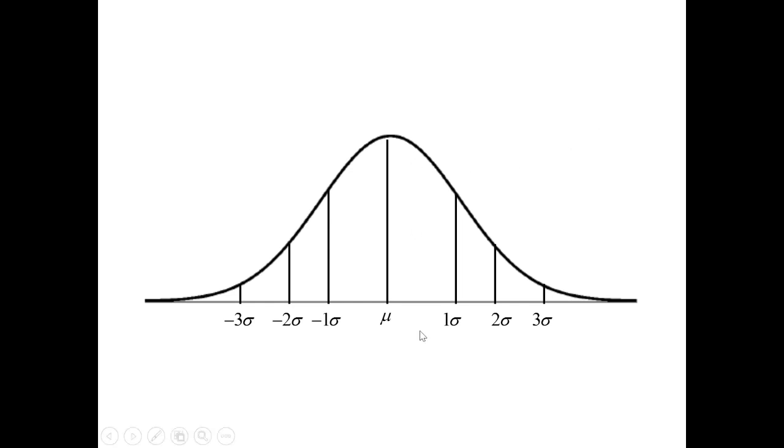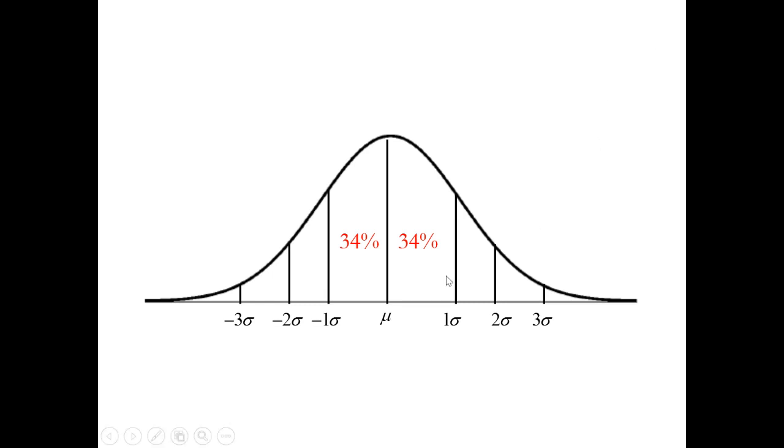In this case, I've drawn my curve. I've labeled the bottom with the mean, the mean minus 1 standard deviation, the mean plus 1 standard deviation, plus 2, plus 3, minus 2, minus 3. We said 68% lands within 1 standard deviation. Half of it's on the left, half of it's on the right, so I have 34% in each of those areas.